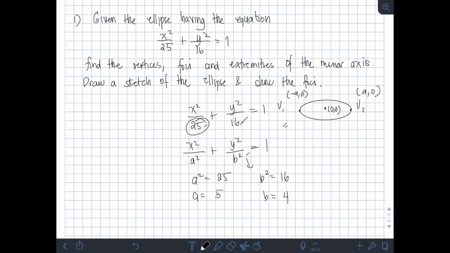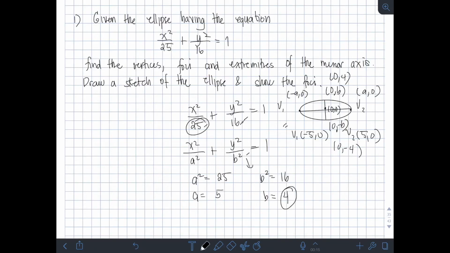So, therefore, since a natin is 5, we have v1 as negative 5, 0 and v2 as 5, 0. So, ito yung dulo ng ating major axis, right? Then, para naman dun sa endpoints ng minor axis, ito naman yon. May form siya na 0, b and 0, negative b, right? So, since yung b natin is 4, substitute natin yung value. So, we have 0, 4 and 0, negative 4.